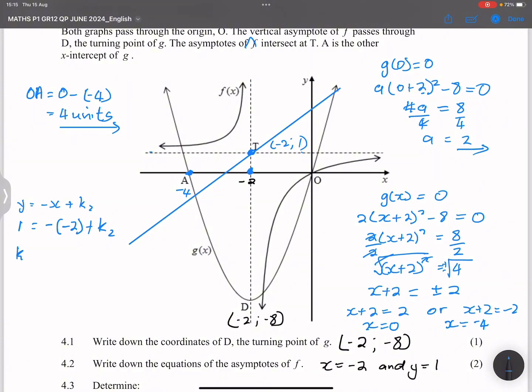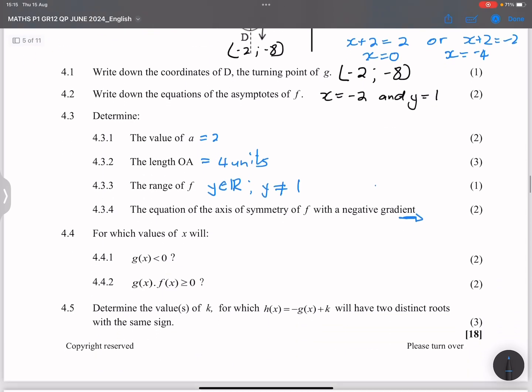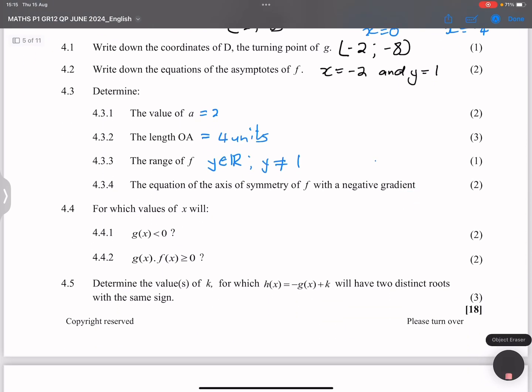So k2 will be negative 1, which means the equation of the axis of symmetry will be negative x minus 1. Okay, so that is that point there. So y will be minus x minus 1.